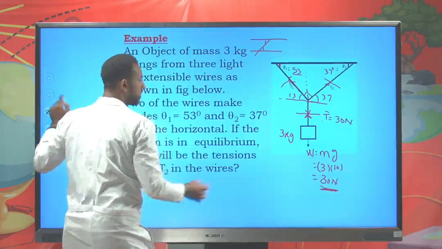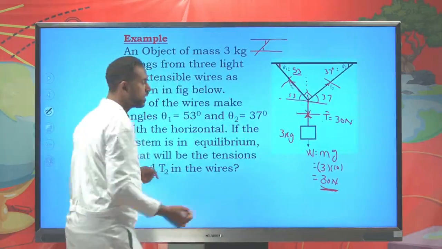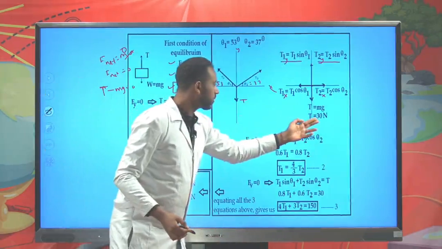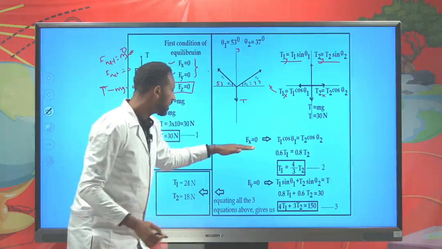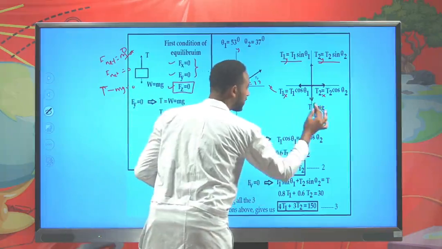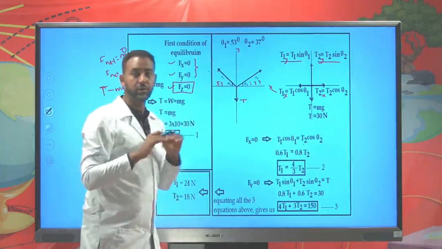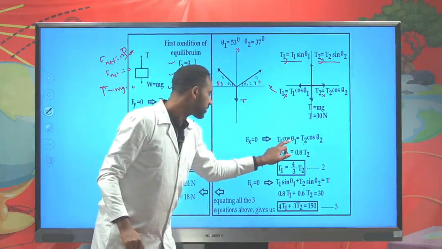Previously in the diagram, we had a downward force exerted on this string, called tension T. We have already found it to be 30 Newton, and it is acting downward. The net force along the x-axis, T1 cos theta 1 and T2 cos theta 2, should be balanced for equilibrium.